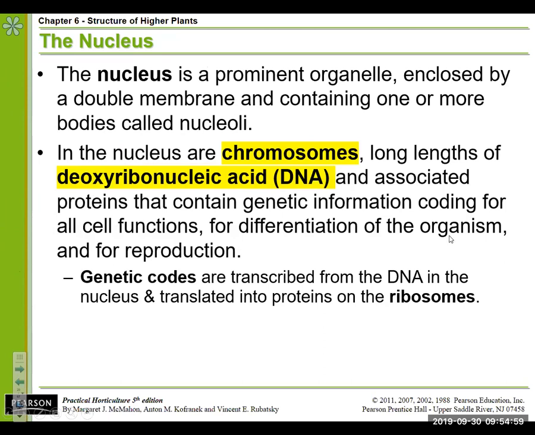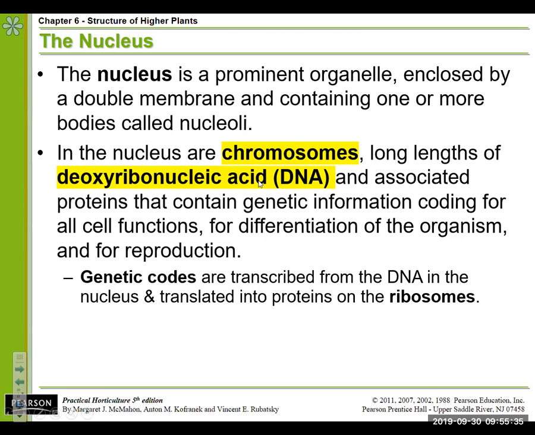I mentioned that the nucleus is home to most of the DNA, and that is stored on chromosomes within the nucleus. We look at deoxyribonucleic acid, the DNA, which is long strands, more advanced forms of proteins, that carry our genetic information that code for all of the cellular functions and the differentiation of those cells to become the different parts, as well as for reproduction.